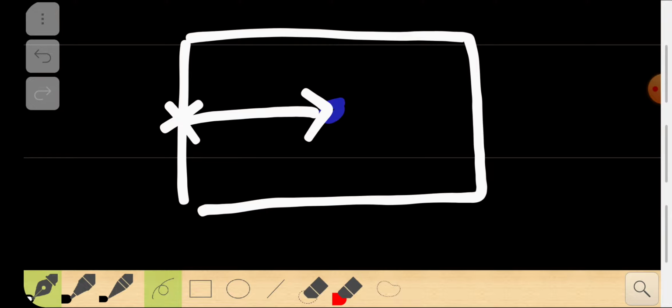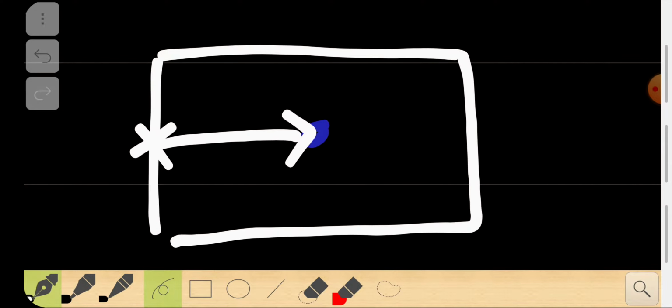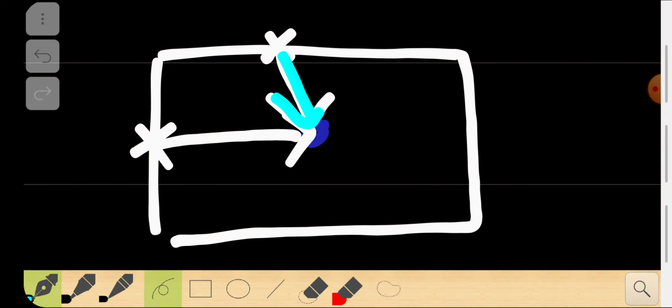Now if someone asks you about the same thing from another location, say this location, what would you do? They want to find out the second vector from the new location. What would that vector be? For that you need some connection between these two lines to see what the relation is. That is also a coordinate transformation.